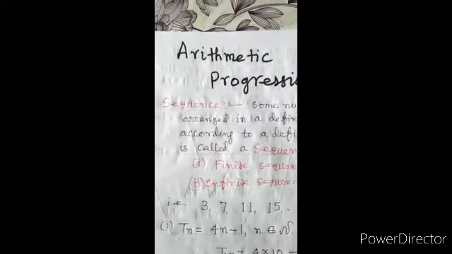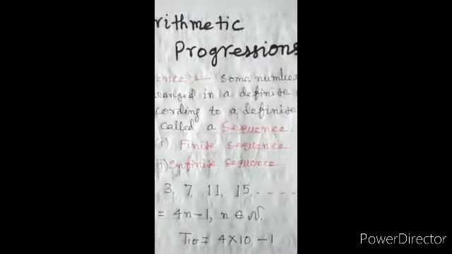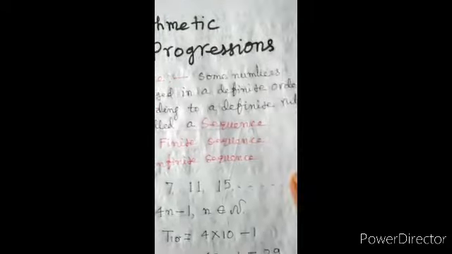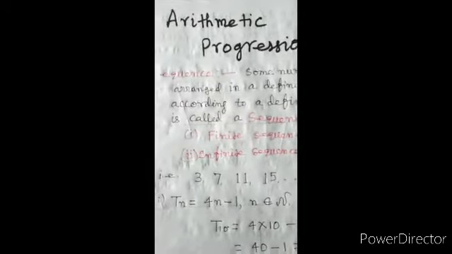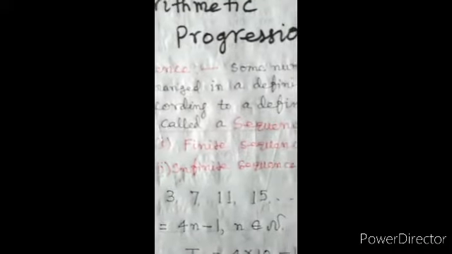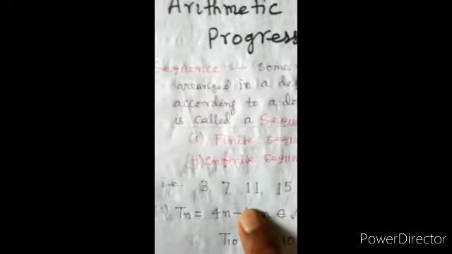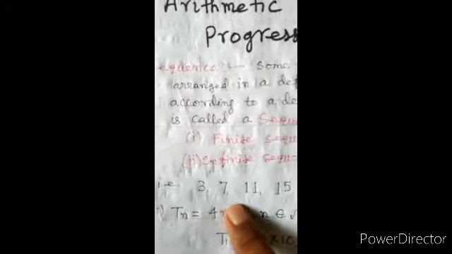If they have a finite number of terms, then they are called a finite sequence. And if they have an infinite number of terms, then they are called an infinite sequence, such as 3, 7, 11, 15 to infinity.